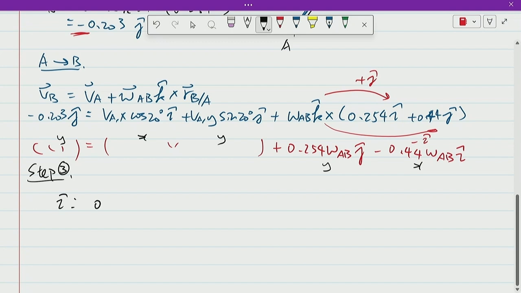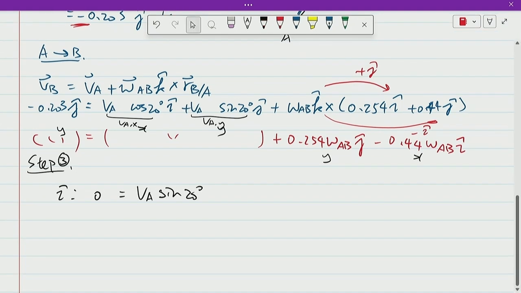So on the left, there's no I, so 0 gives us VA sine 20 degrees. Oh, sorry. This is basically just VAX. It's not VAX cosine 20 or VAY sine 20. Sorry about that. VA sine 20 plus 0.254 omega AB.